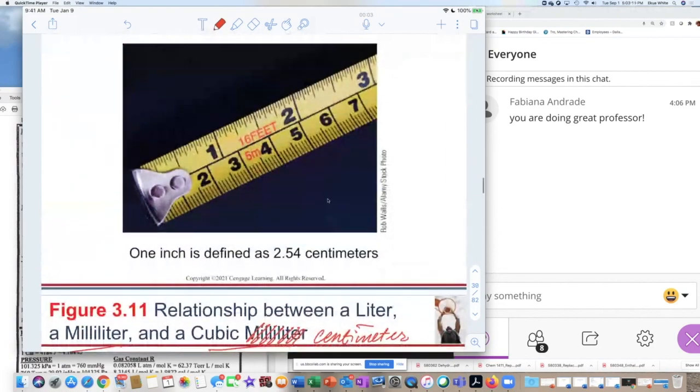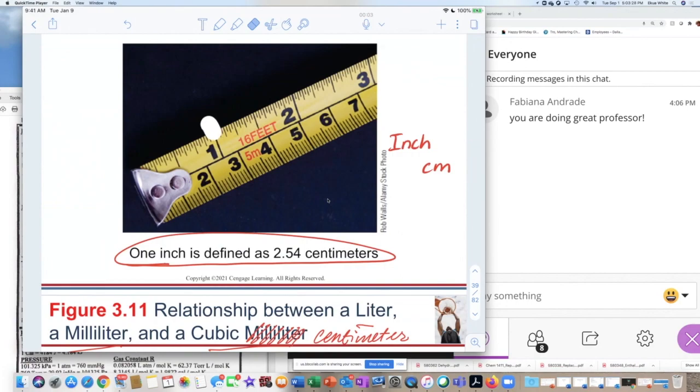Okay? Over here, all they're doing with this picture is defining the equality between the inch and the centimeter. And the idea is, if you look at this inch, the inch goes all the way here. I did this injustice. So the inch goes all the way here.